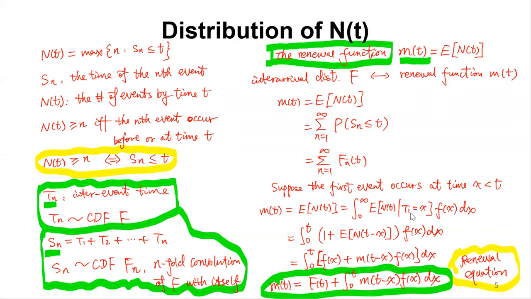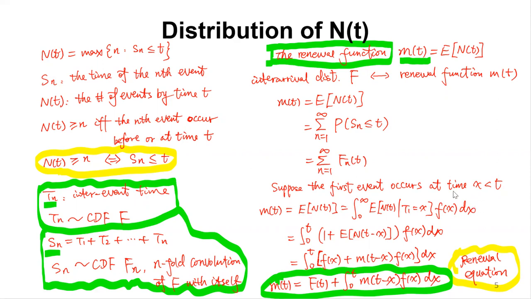Given the first event already happened at time x, we have one event already, and the rest of the time is t minus x, so we still have the expectation of N(t minus x). Putting this into the parenthesis, we get F(t) plus the integral from 0 to t of M(t minus x) f(x) dx. So this is a convolution of M with f.